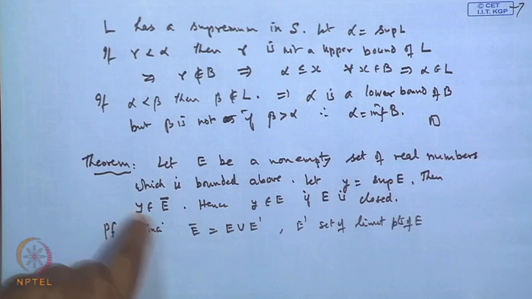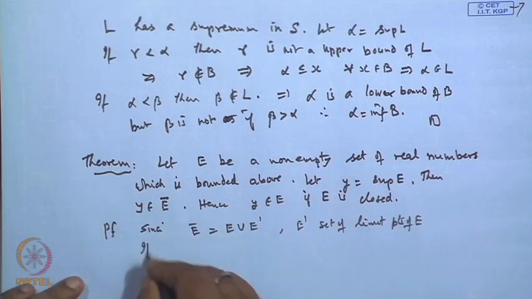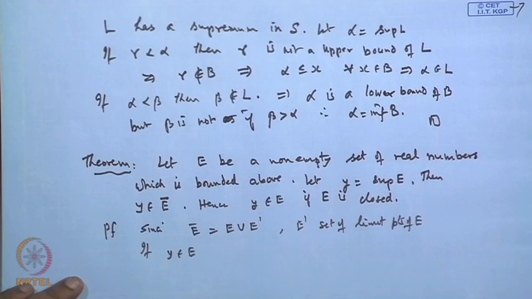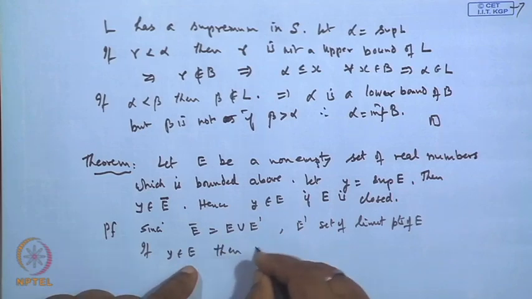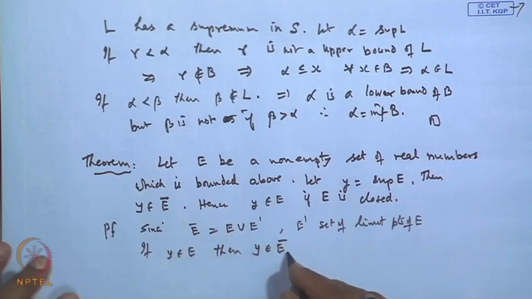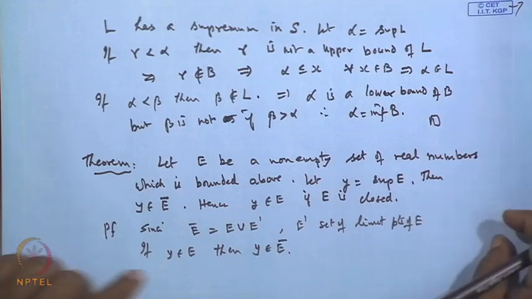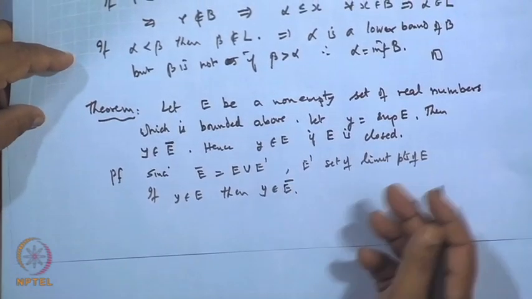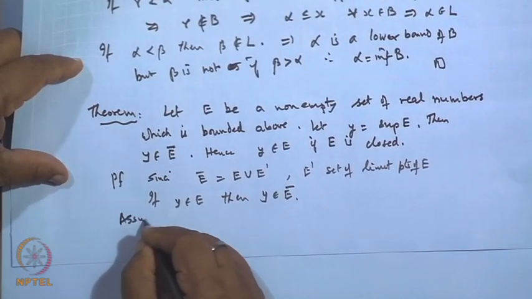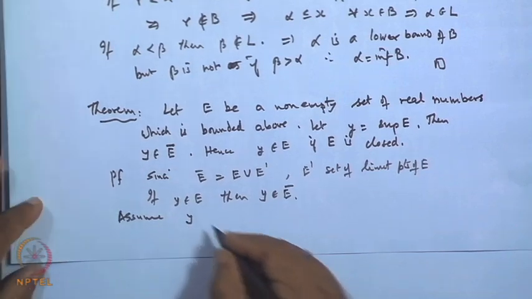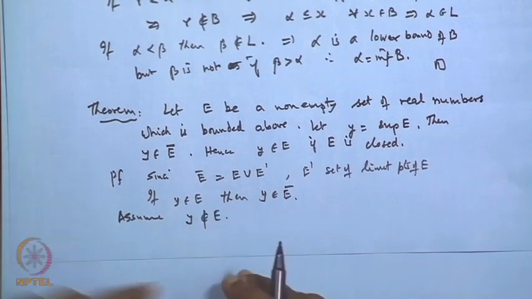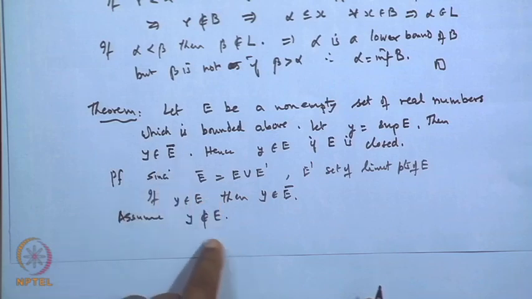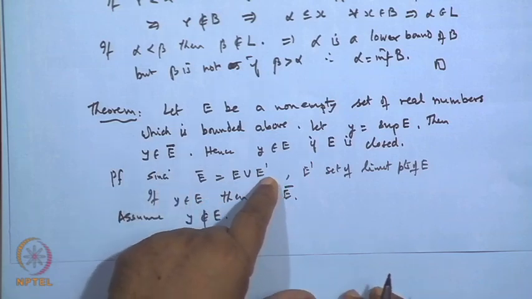Now, if y belongs to E, then obviously y will be an element of E bar, because it is a union of E and E dash. So, nothing to prove. So, let us suppose y is not in E, but we wanted to show y is in the closure of E. It means y must be a limit point of E. So, that we wanted to prove.